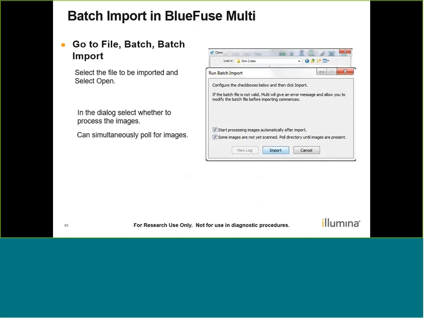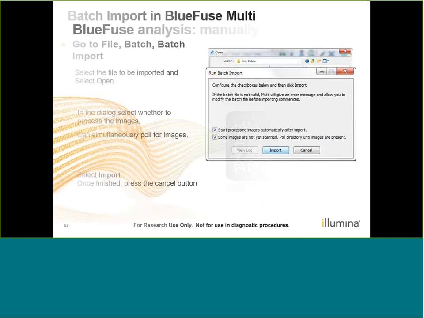And then you can also say, please poll for more data as is uploaded. Once you have finished making these choices, you select import, and then once finished, you need to cancel this screen.